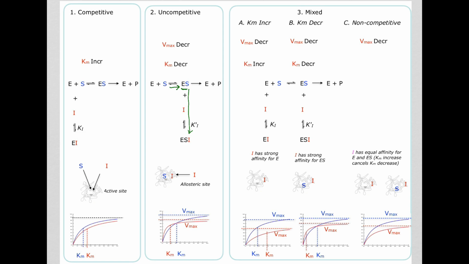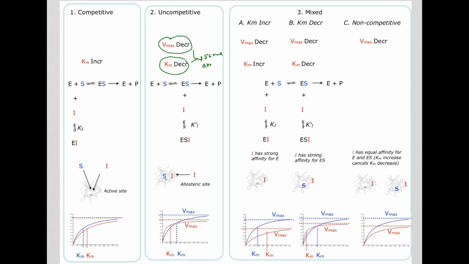And this causes the affinity of the substrate for the enzyme to increase, which means the Km will decrease, because a lower Km means a higher affinity of the substrate for the enzyme. So not only will the Vmax decrease in uncompetitive inhibition, the Km will also decrease by the same amount.